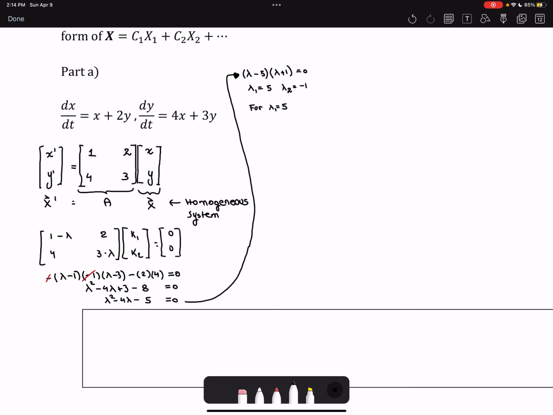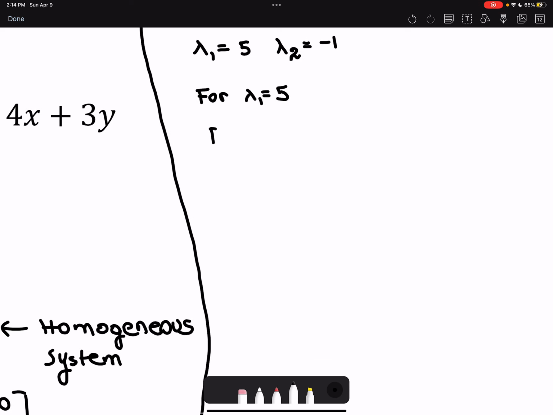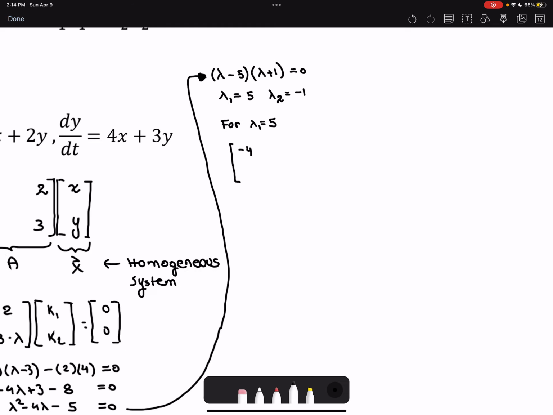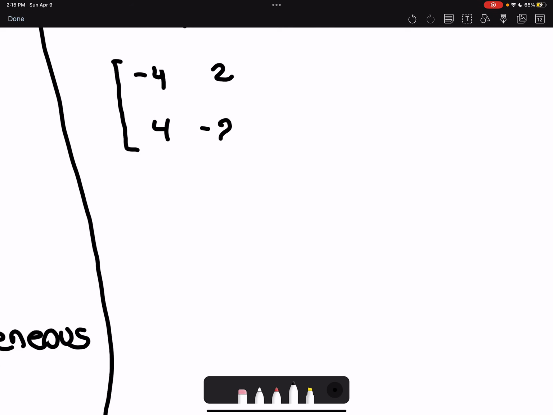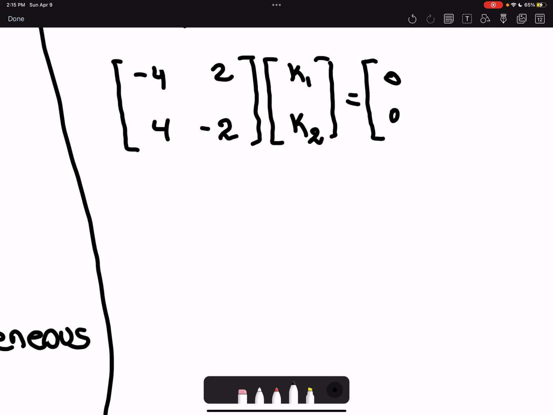I'm going to have 1 minus 5, which is negative 4. So here I'm going to have negative 4, 2 and 4, so 2 and 4. And then 3 minus 5, that's negative 2. And now I notice that the rows are dependent, which hints that I am doing fine so far. And this is the eigenvalue problem. Now I'm going to use the top row, negative 4k1 plus 2k2 equals 0.